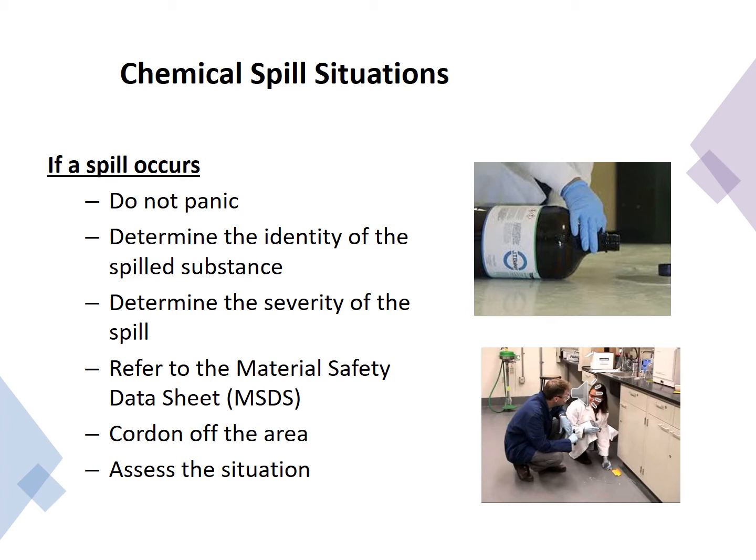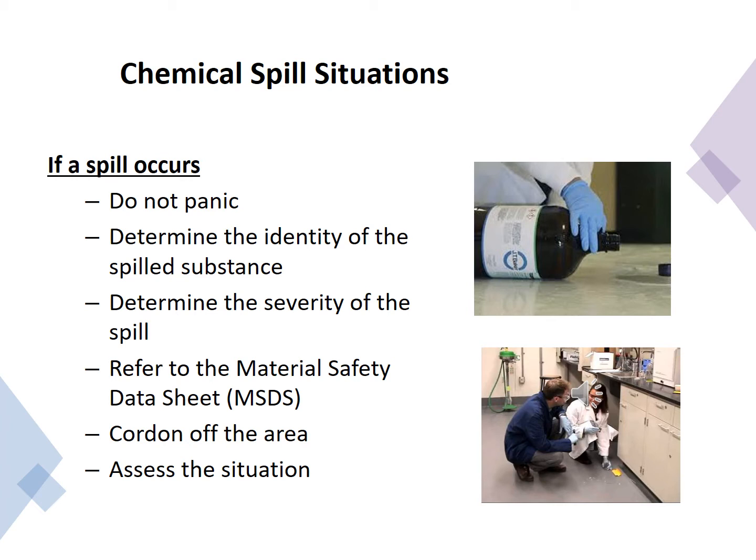Determine the identity of the spilled substance. Since you are working in the lab and you know about it, you should determine the identity, how toxic the chemical is, and what its adverse effects are. You should also determine the severity of the spillage. If you don't have enough information, quickly go to the MSDS, the Material Safety Data Sheet.